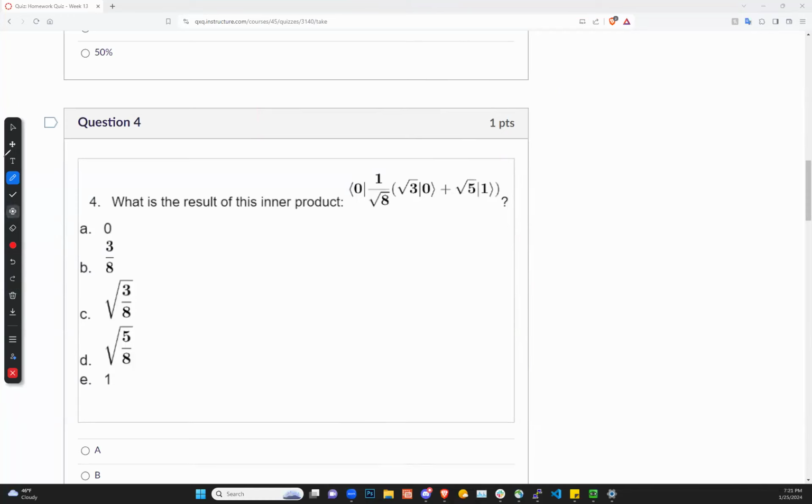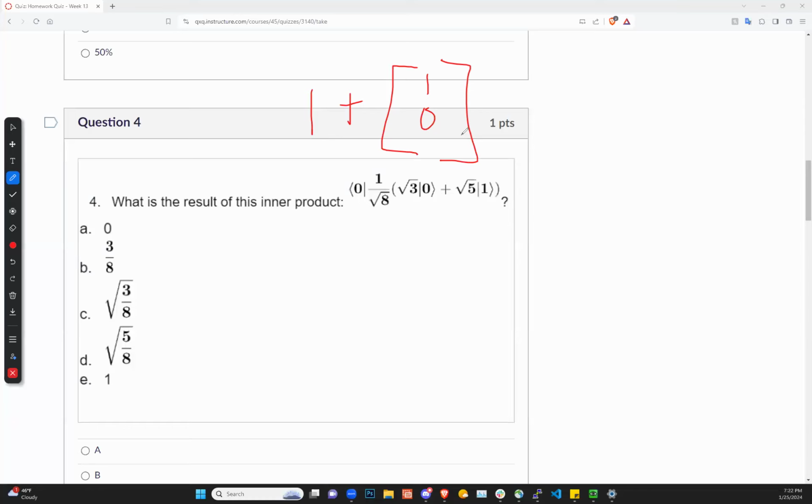Does that mean you can't add them together? That's absolutely correct. There is no such thing as the zero bra plus the zero ket. It's like trying to add together, I don't know, I can't think of an example. But it's like trying to add together 1 plus this vector or something. It just doesn't make sense.